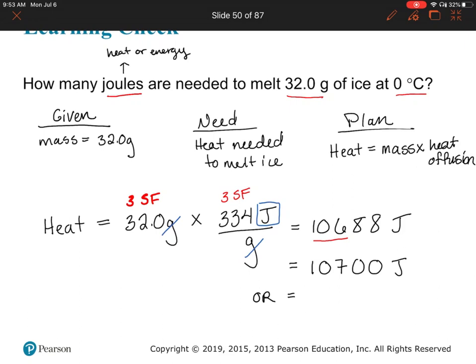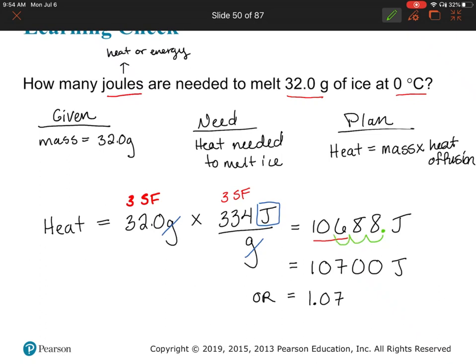Or we could write this in scientific notation. So let's put a little invisible decimal at the end here. And I'll do it in green. So what would our coefficient be for scientific notation? 1.07. So remember, our coefficient is always between 1 and 10 or equal to 1. And then how many times do we have to move our invisible decimal to get to that point?